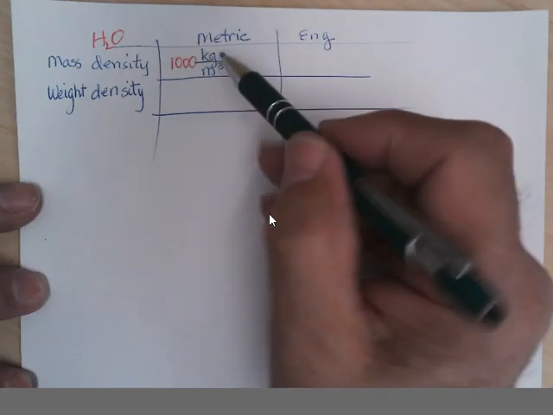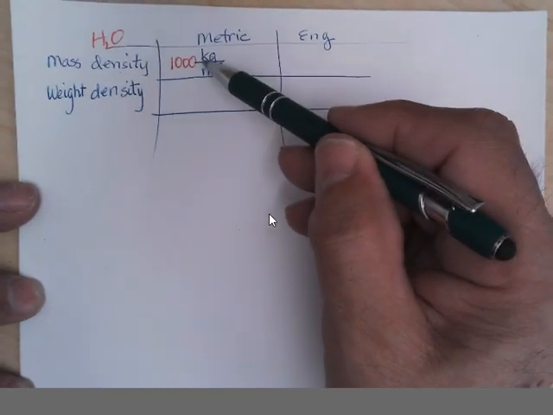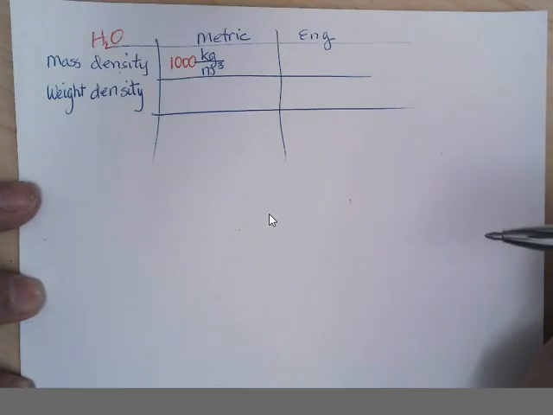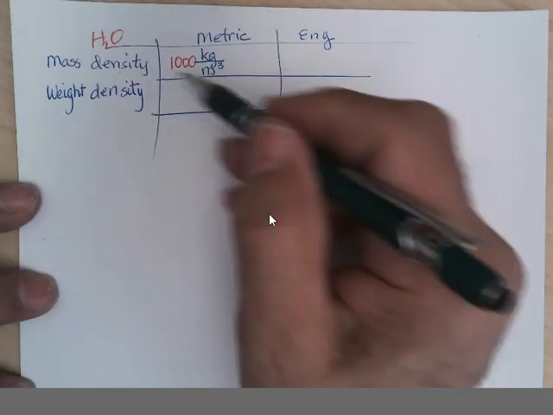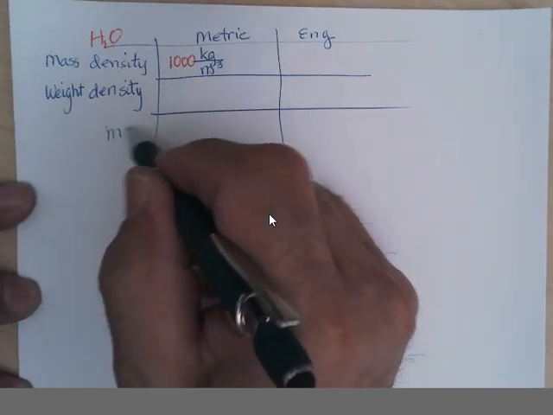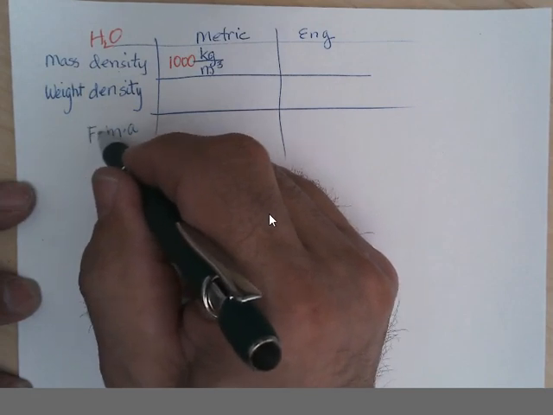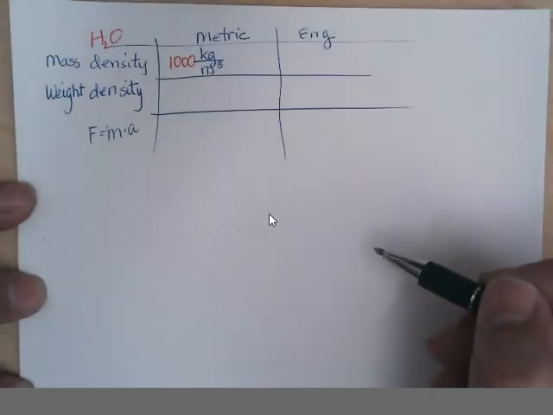So to convert mass, kilograms, to weight, kilograms is a mass, times acceleration due to gravity creates force, which is what a weight is.